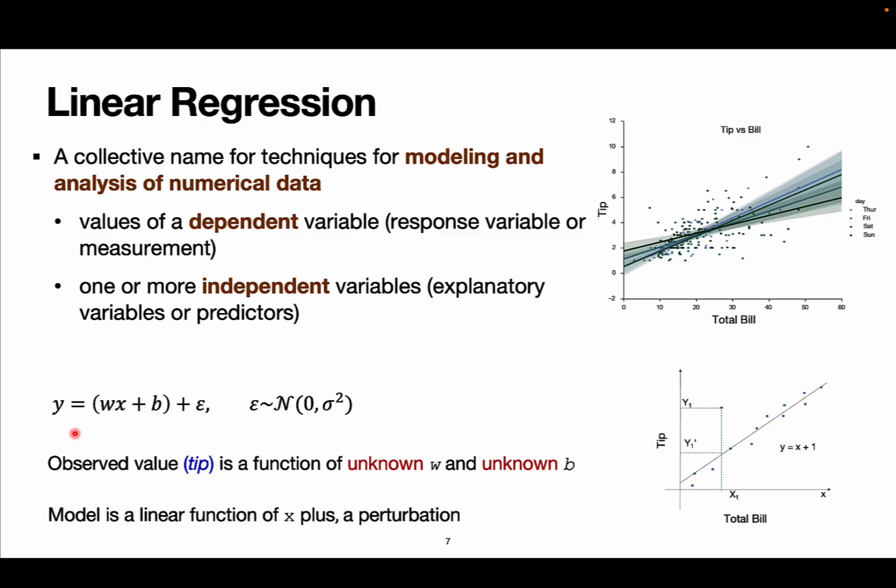And here is the formula. The observed value, tip or y, or the response, is a function of two unknowns: w for the slope, b for the bias, plus some noise we need to capture in the model, and very often we use a normal distribution to capture the noise.